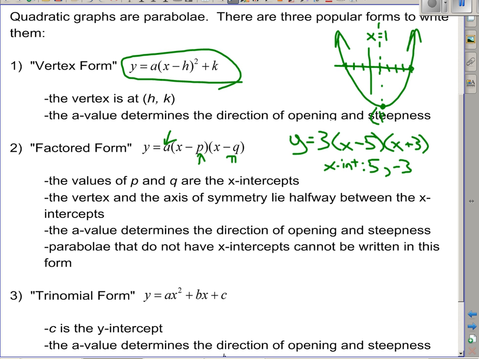Not all parabolas can be written in factored form because not all parabolas have x-intercepts. If you have one that opens upwards and has no x-intercepts, we call that positive definite, and one that opens downwards and has no x-intercepts would be negative definite. And then some parabolas only have one x-intercept, which means they've got their vertex right on the x-axis.